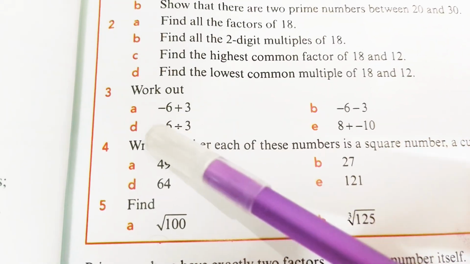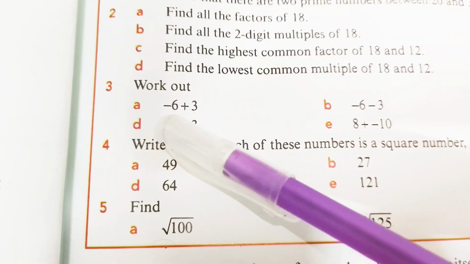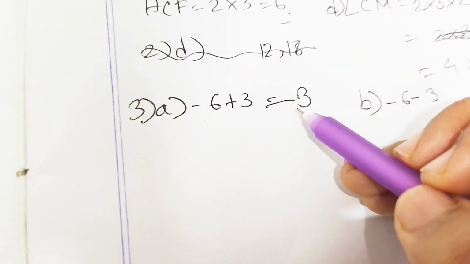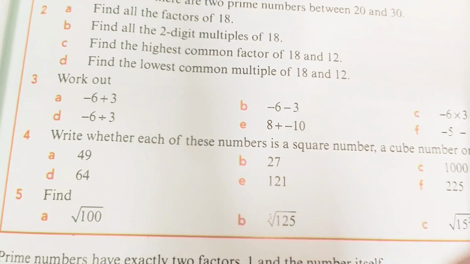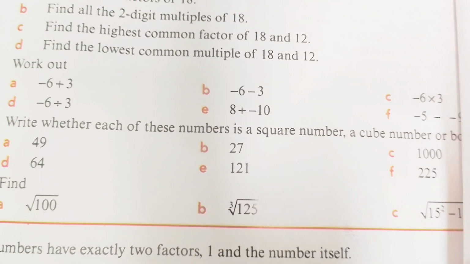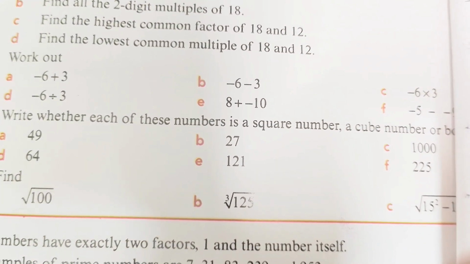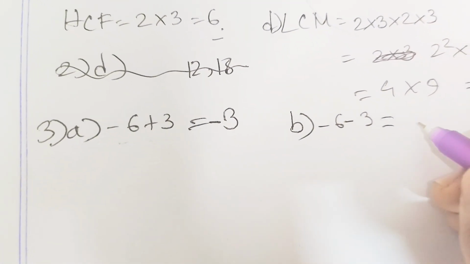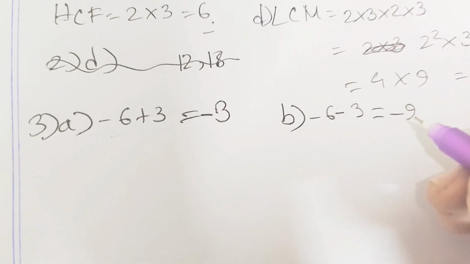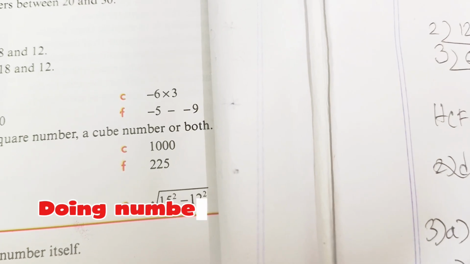To number 3: in A, we have negative 6 plus 3. Negative 6 plus 3 is negative 3. Then B, negative 6 minus 3. We just subtract, so we get minus 9. Then negative 6 times 3.